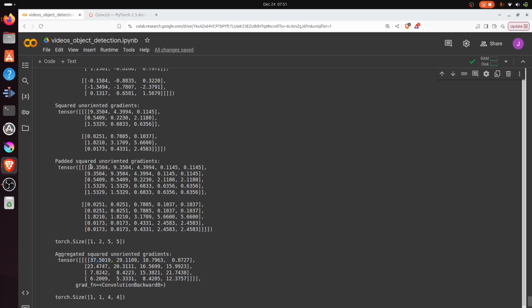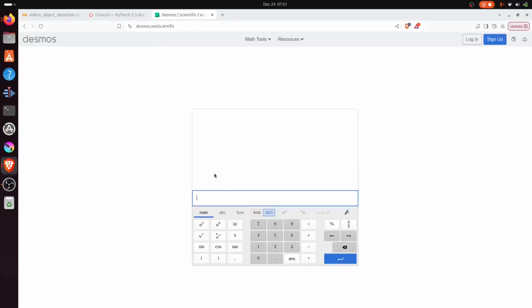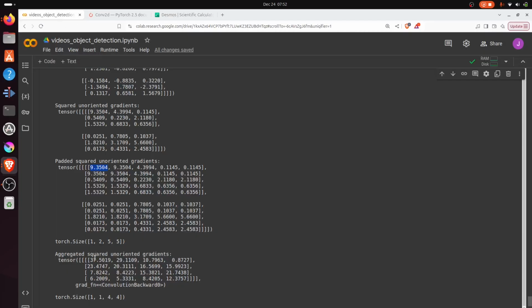So let's have a look. Just realize that in this 2 by 2 block, the same number repeats 4 times, so we just need to add the same number or just multiply it by 4. Let's put it in the calculator. It's going to have 4 times this number, and this is going to be added to these four numbers.